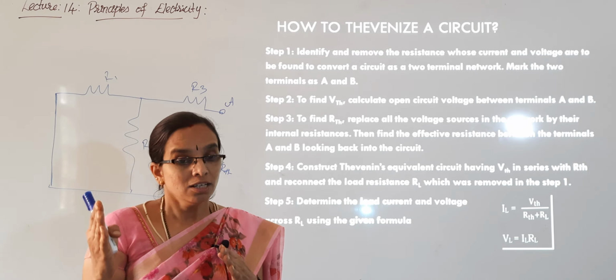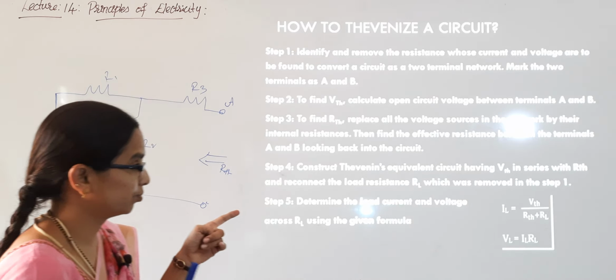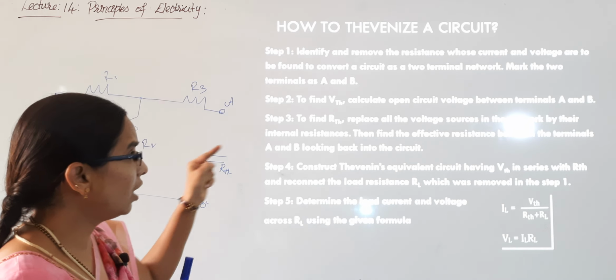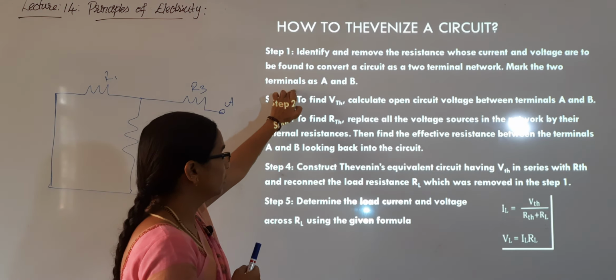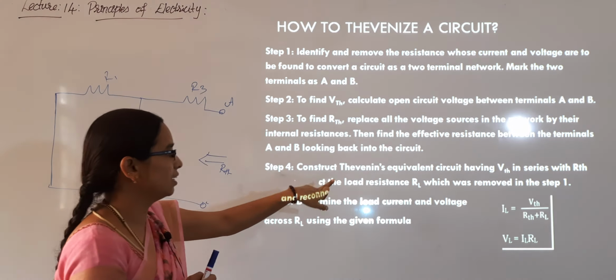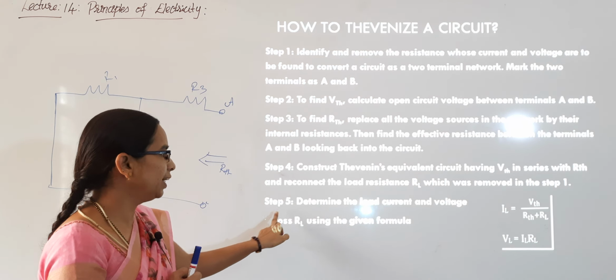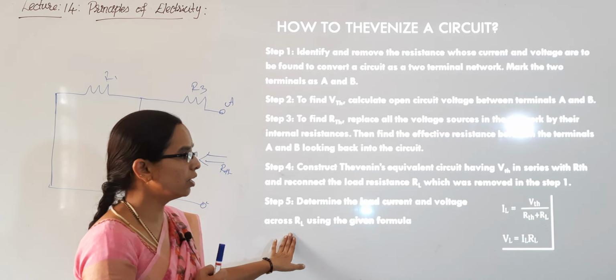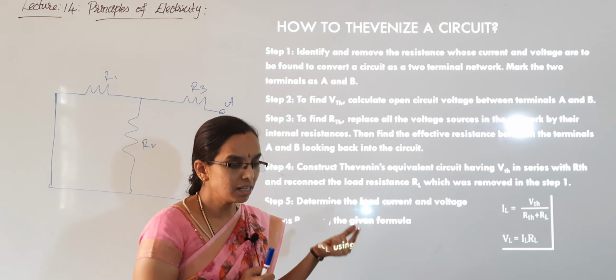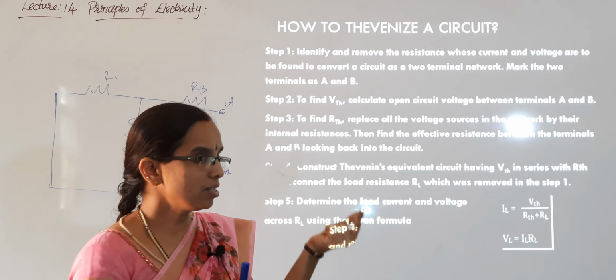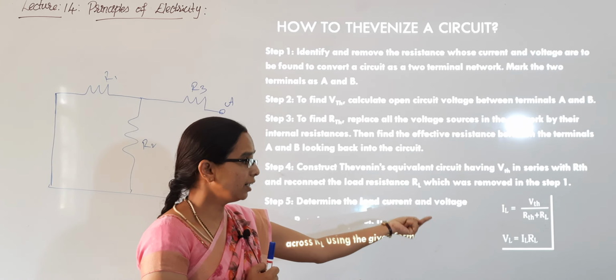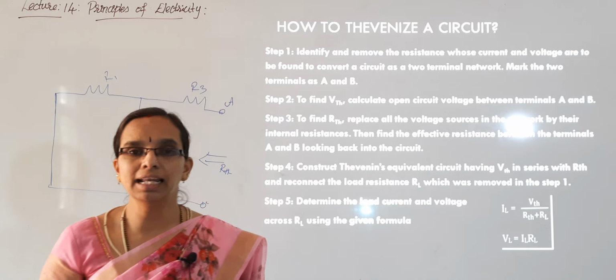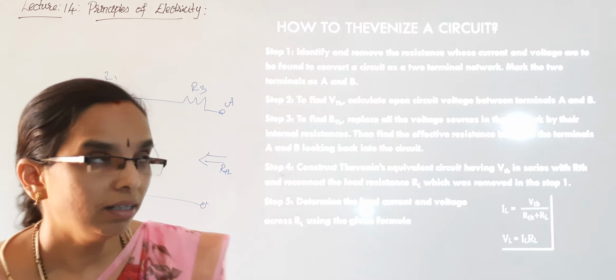So that resistor we removed in the first step, we will connect it back along with the RTH and VTH. Then we will determine the load current and load voltage. Load means the load resistor, that is the final stage of the circuit. That current and voltage we will calculate.